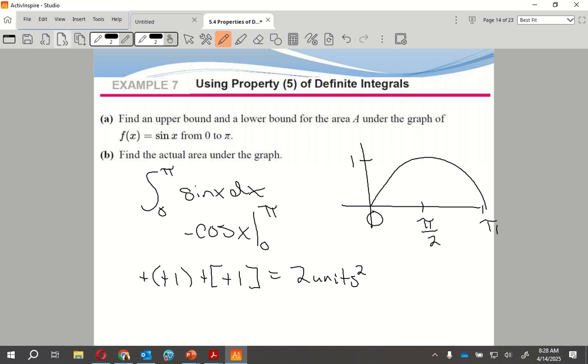Okay, so now let's look at my graph. Find the upper bound and the lower bound for this. The upper bound means it's going to be the highest point here. That's going to be where? My upper bound is 1, and my location is pi over 2 comma 1.